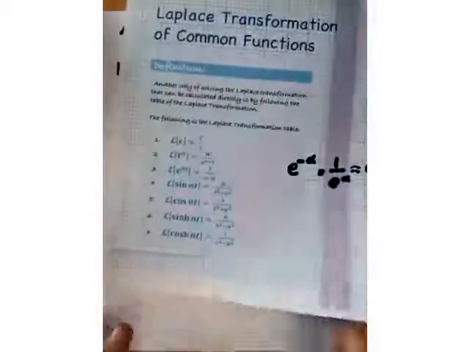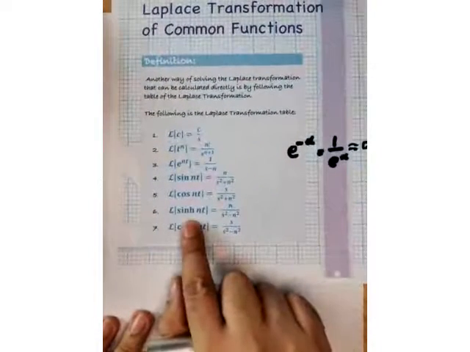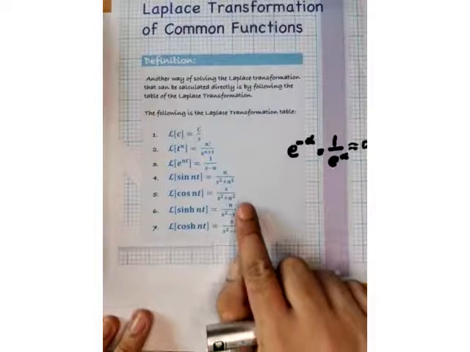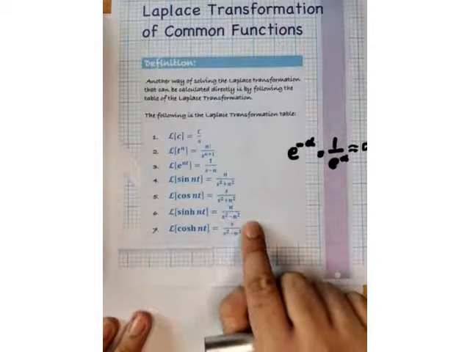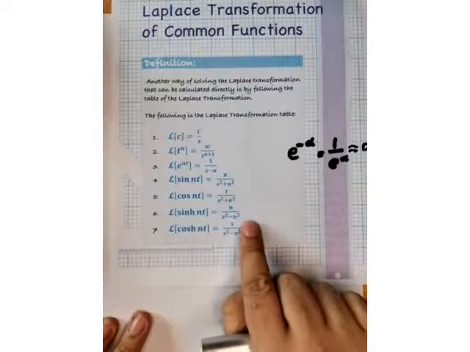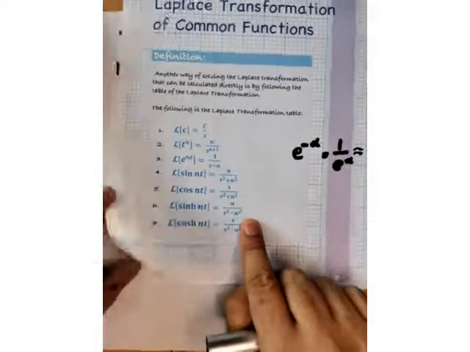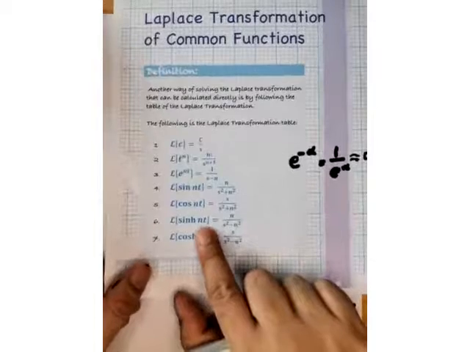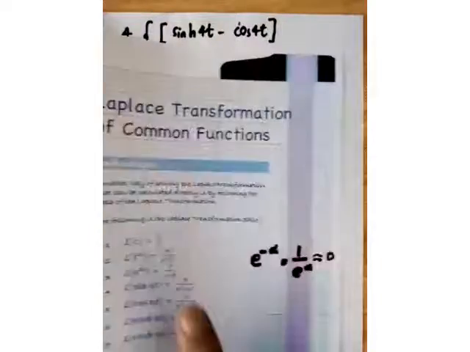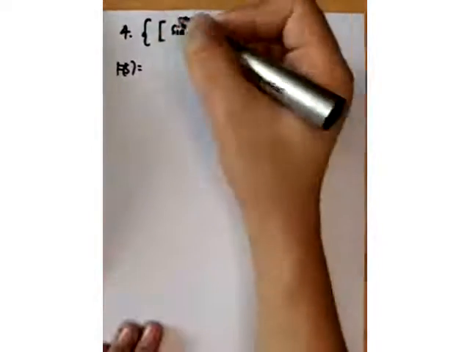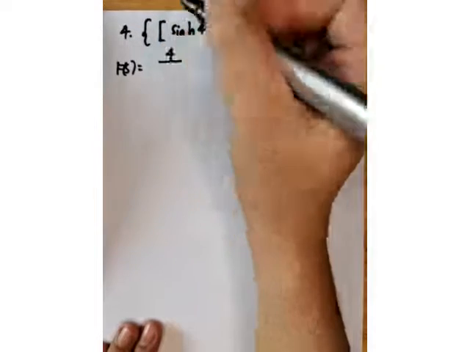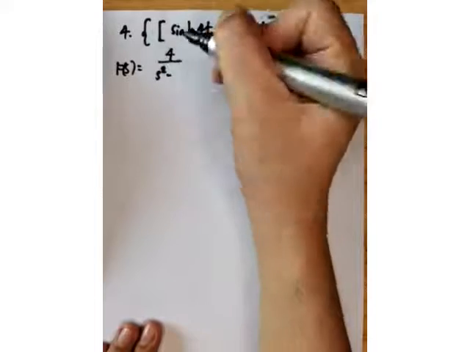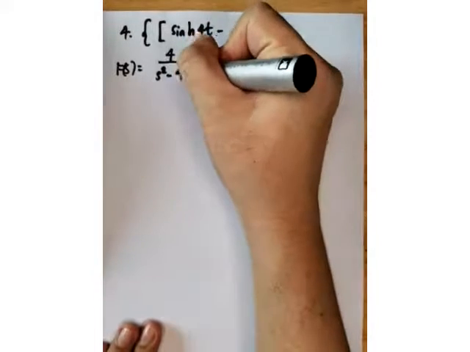So if you will get the formula, ang hyperbolic sine ay n over s squared minus n squared. Okay, ano yung value ng n natin? So yung n natin ay 4. So magiging 4 over s squared minus 4 squared.